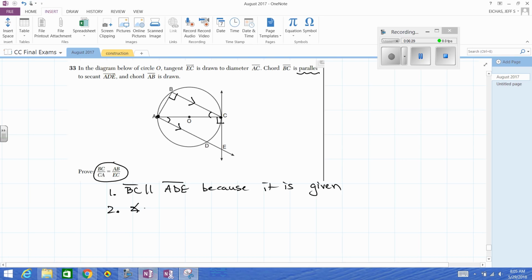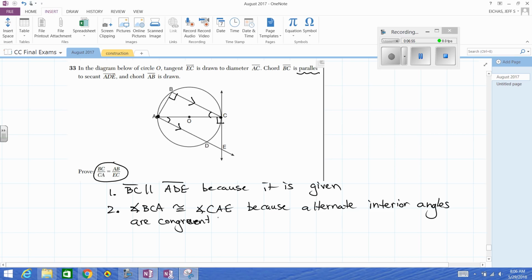So angle BCA is congruent to angle CAE. Those alternate interior angles are congruent when parallel lines are cut by a transversal.